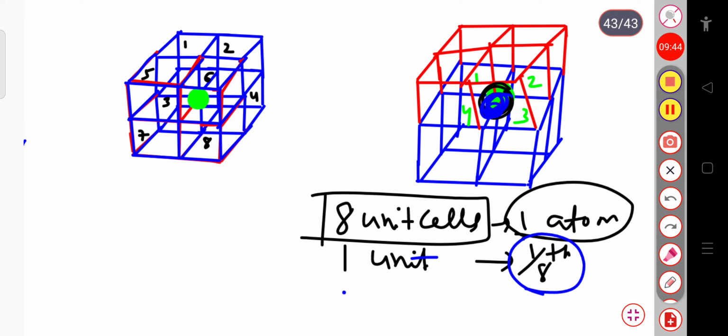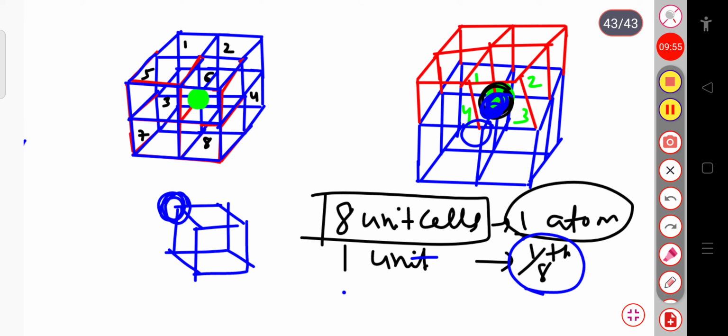Similarly, a cube has 8 corners. One corner, 1/8 part is present in this unit cell. And similarly for this corner 1/8th part of the atom is present. Similarly for every corner 1/8th part of the atom is present inside this cell.